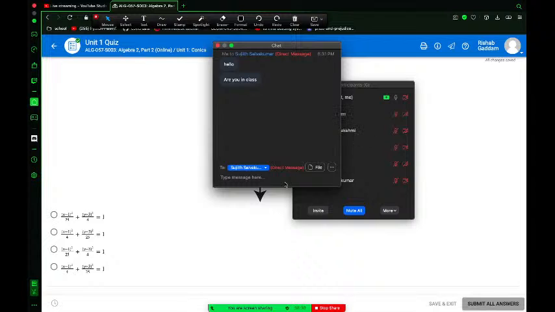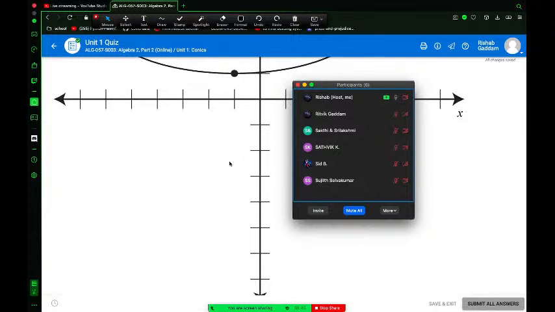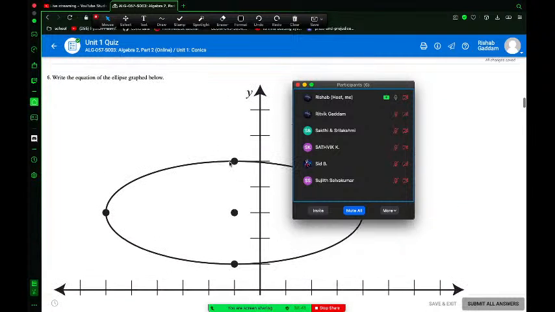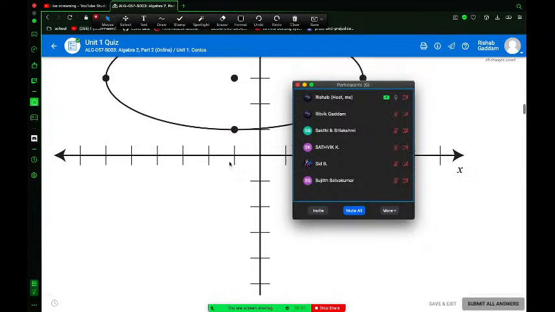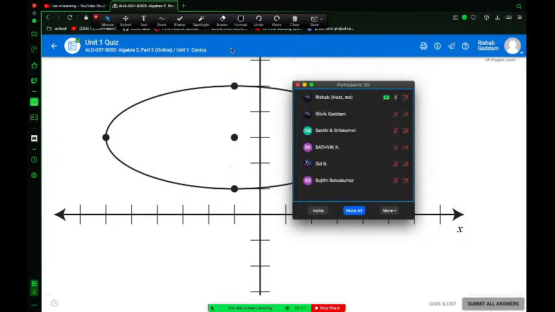Okay, I don't think he's there either. Are you sure nobody wants to do this? Sid, how about you do this one? Okay, I don't think Sid is here either. So I guess I'll just do this one since nobody else wants to do it.